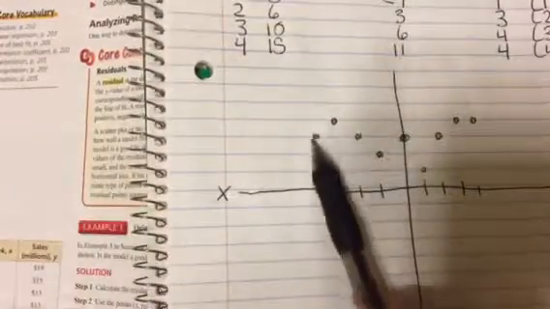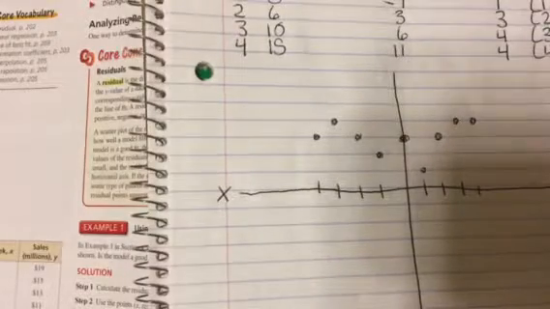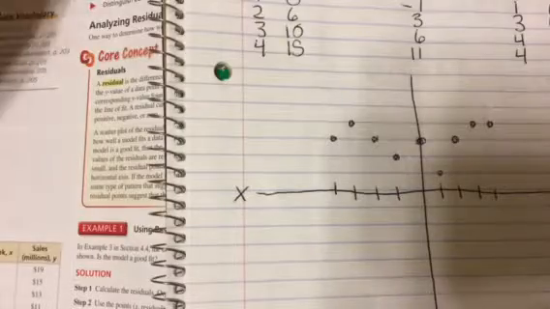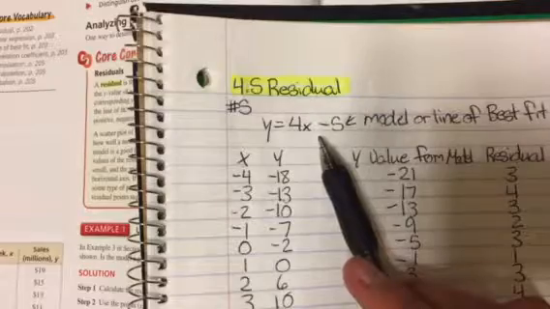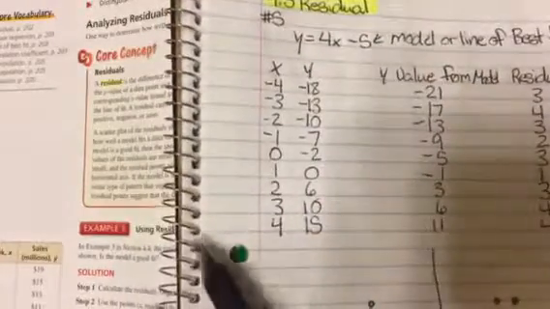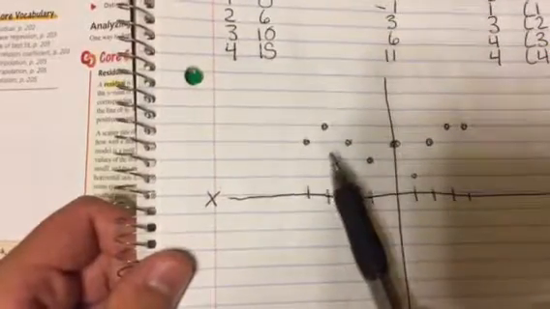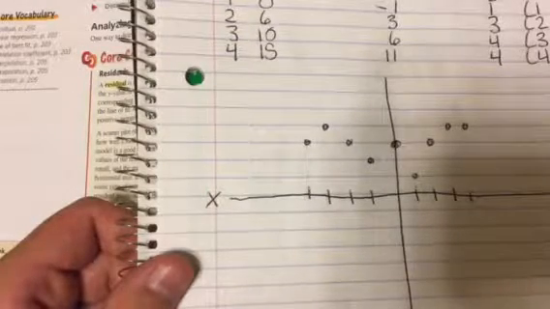Okay, when we look at our data points, all of our data points are scattered above the x-axis or the horizontal axis. So what we can say is that this model is not a good representation of our points because the residual points are not evenly dispersed about the horizontal axis.